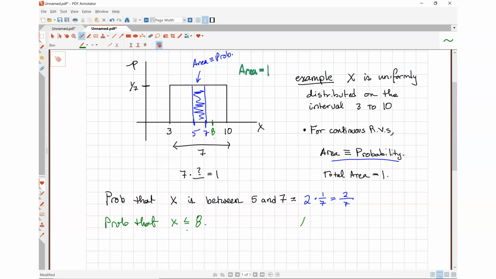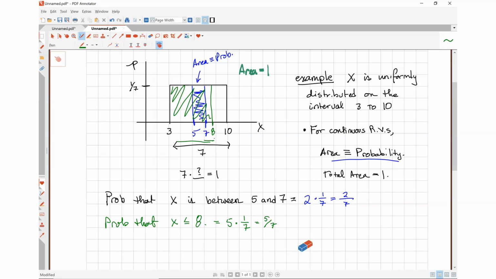The smallest x can be is 3, so it's this whole area. And we need to find the area of that rectangle. The base of that rectangle has length, 3 up to 8, that's 5. So this probability is 5 times the height of the rectangle, which is 1/7. So we get 5/7. So this is a piece of cake to work with.